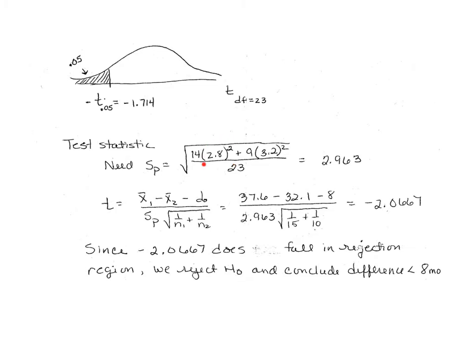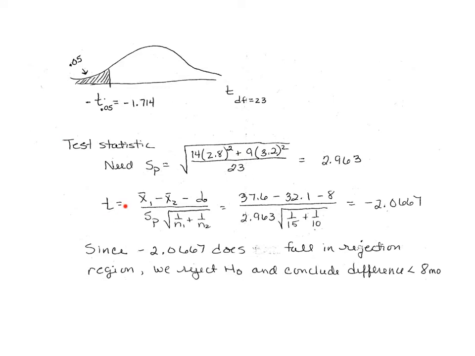Remember, we have to square it because we are given the sample standard deviation, not the sample variance, plus 9 times the second sample standard deviation squared, divided by 23, our degrees of freedom. So our pooled standard deviation is 2.963.